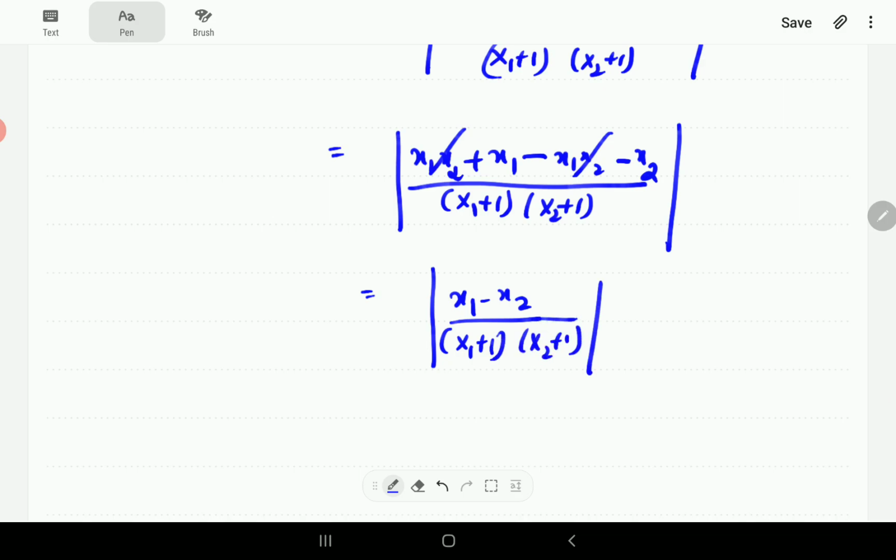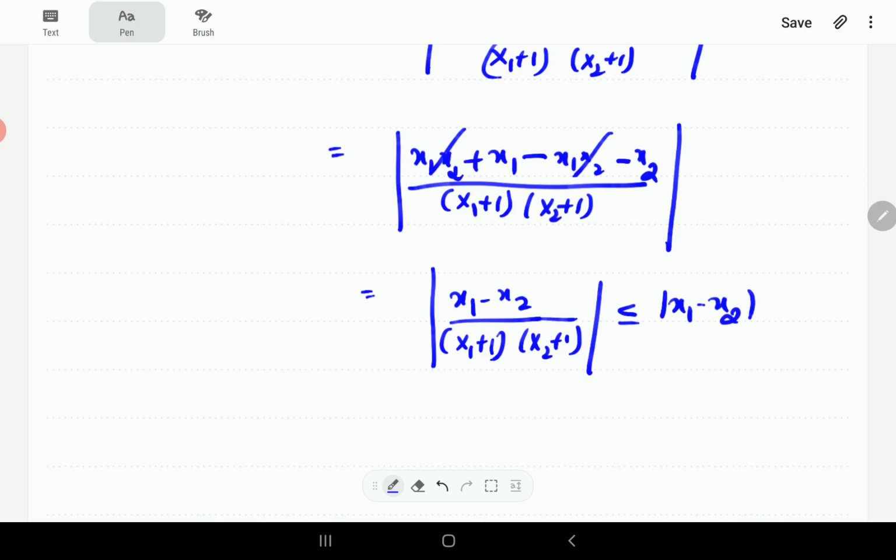Now if you see this value, it is x1 minus x2 divided by this value we have. So this will be less than or equal to modulus of x1 minus x2.